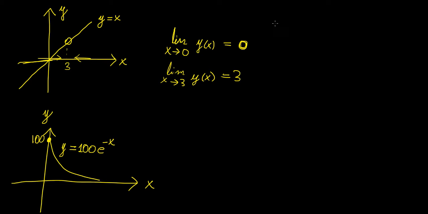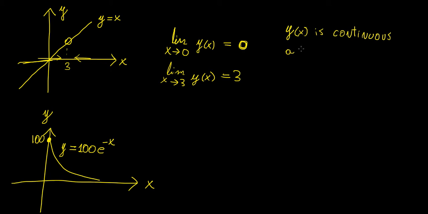So in this case, if we were to generalize this, we would say that y of x is continuous at a point. We should be specific because remember the limit is very specific to the point you choose.